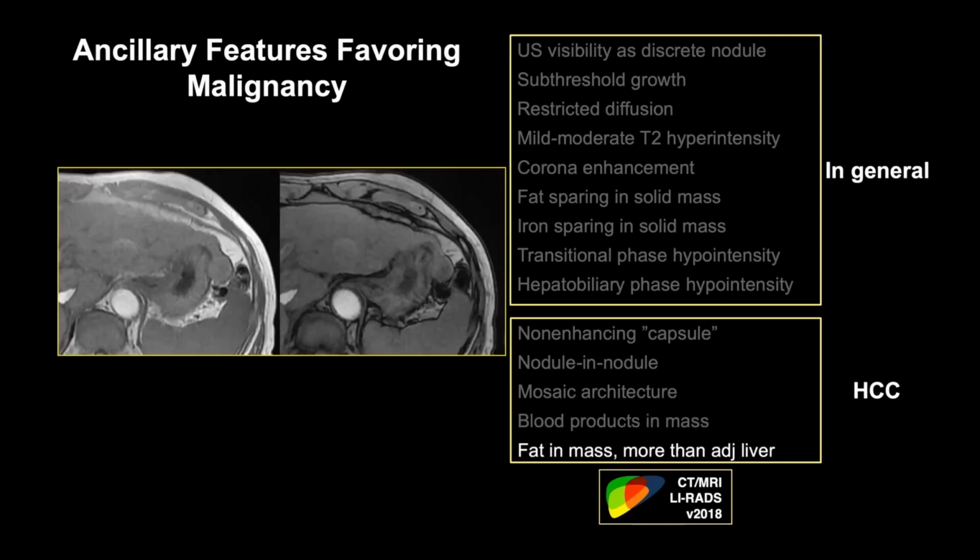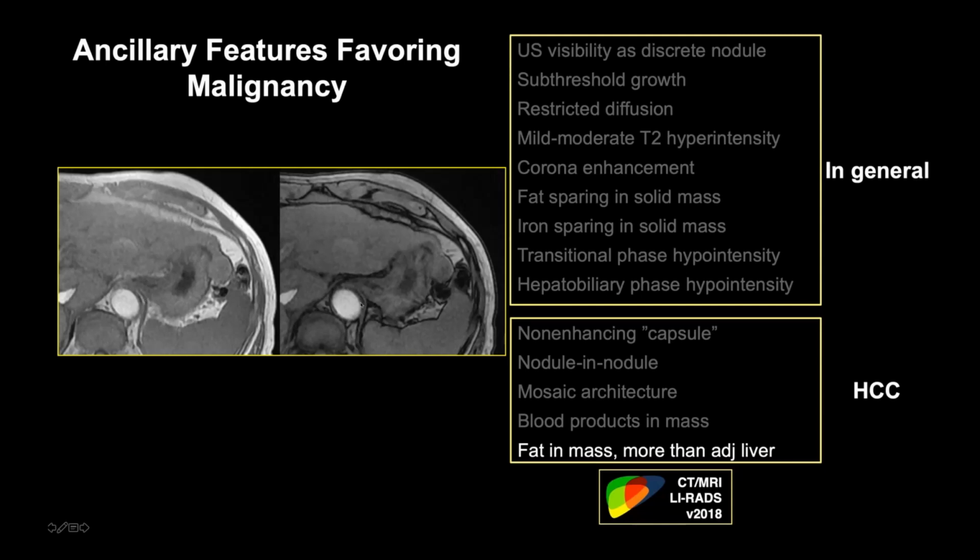So fat in a mass more than the adjacent liver refers to excess fat within the actual mass or observation. It can be the entire observation, or it could just be part of the observation. And it's relative to the background liver. Intracellular fat in HCC can be diagnosed at MRI as a drop in signal intensity of the mass on opposed phase gradient echo images when you compare them to the in phase.